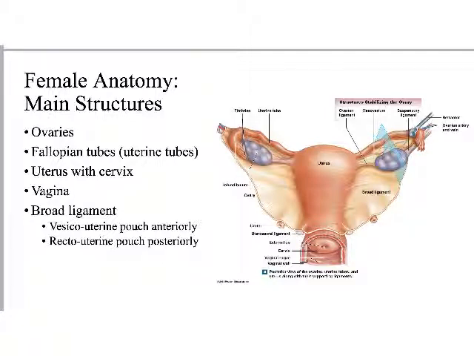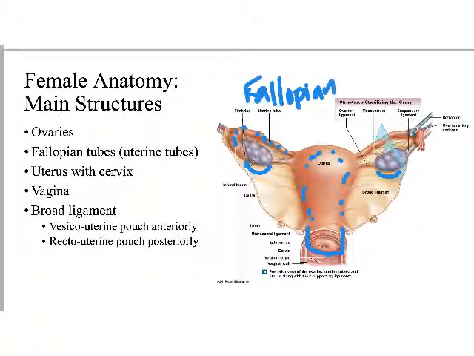So you can start back here with the ovaries, which are these purple oval-shaped structures. And then from the ovaries, we can come into the uterine tube, or what's often called the fallopian tubes. And then the fallopian tubes connect to the uterus itself. The end of the uterus, or the tip of the uterus here, is called the cervix.